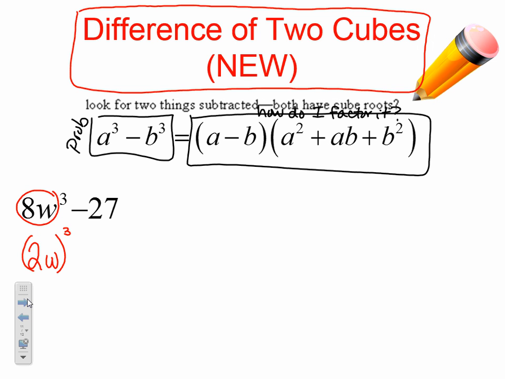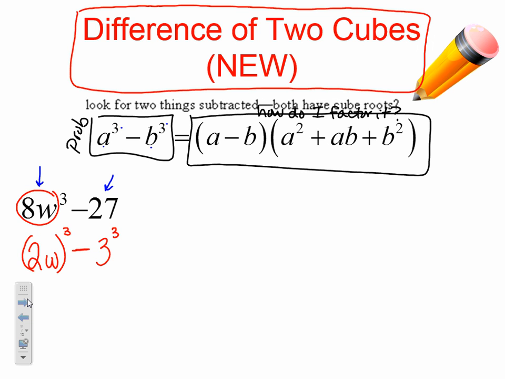The 2 is cubed turns into the 8, and the w is cubed, to the third power. So I'm rewriting it so I can see what serves as the A and what plays the B. The subtract sign, and 27 is the same thing as 3 to the third power. When it's rewritten so I can see who's the A and who's the B, I can't just use 27 and 8. It says something has to be to the third power and something else has to be to the third power. And I didn't have that originally.